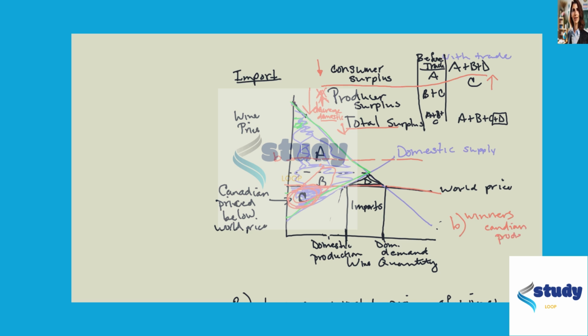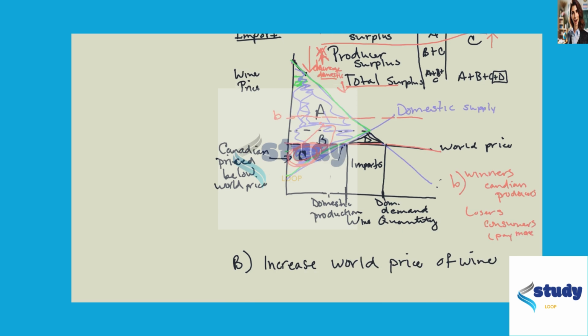They will be able to sell more, export more. Losers are going to be the consumers who will have to pay more. Okay, as a whole, we would think Canada should be better off because they will be contributing more to the global supply.